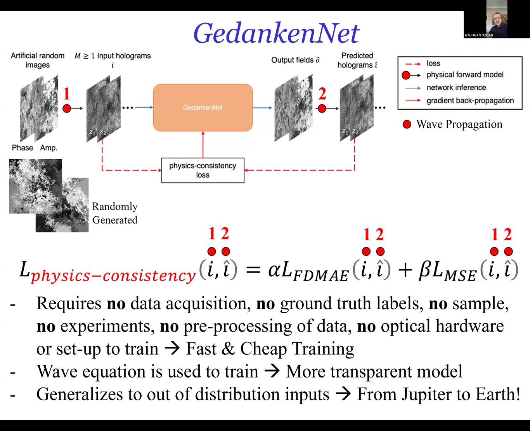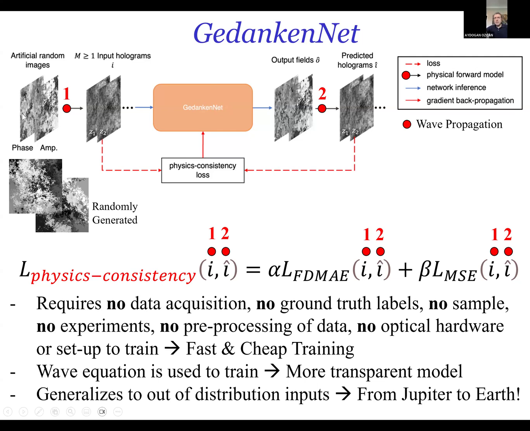So this single observation of physics being repeatable is going to be the main aspect of learning for GedankenNet. So think of your favorite convolutional neural network or any architecture of learning engine here. That's going to be used for reconstruction of holograms. And GedankenNet, through thought experiments and physics consistency, is going to learn and engineer these coefficients here for performing zero-shot learning.